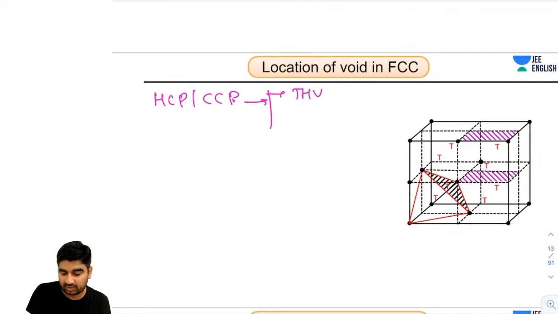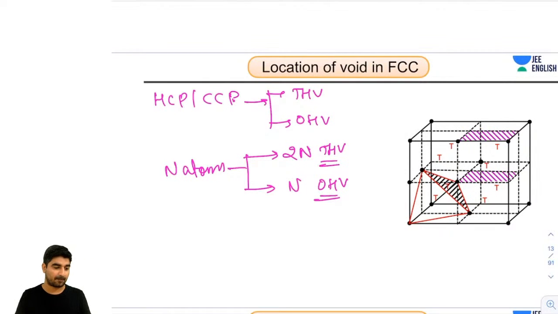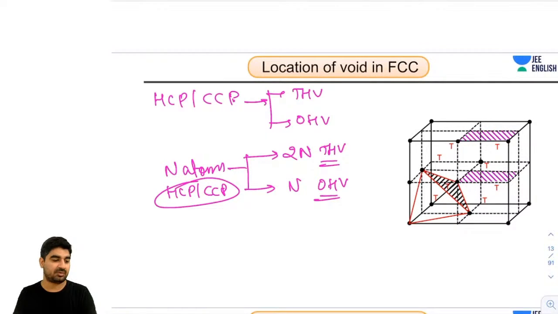One is tetrahedral void and another is octahedral void. If there are n atoms, then there will be 2n tetrahedral voids and n octahedral voids. Right? Note it down. This is applicable only for HCP and CCP.